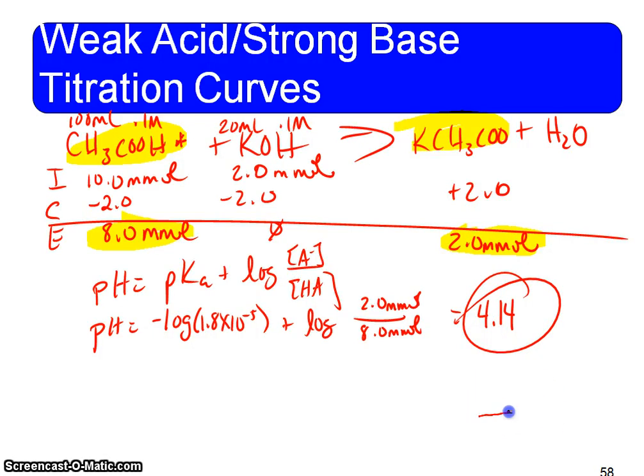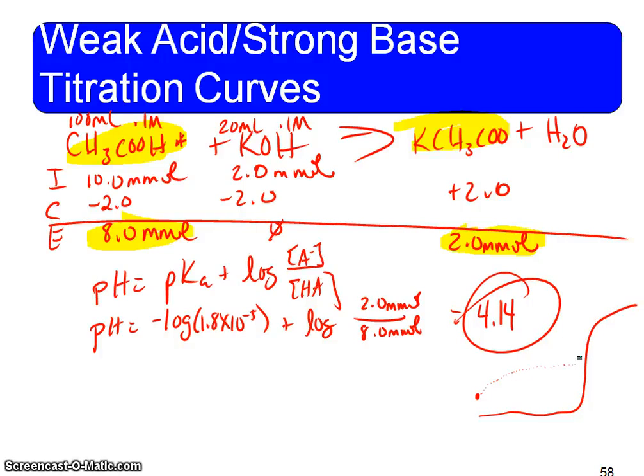Before we had this barely increasing, and then suddenly increasing curve. Here, we're starting at a higher pH, and it's going to almost curve up like this. There's not going to be a huge jump in pH as we add the base, but it's going to be a buffered solution.